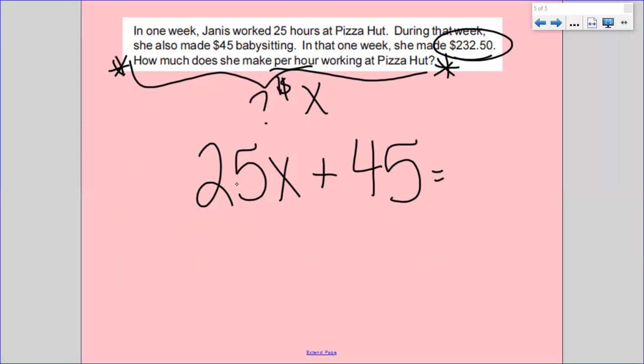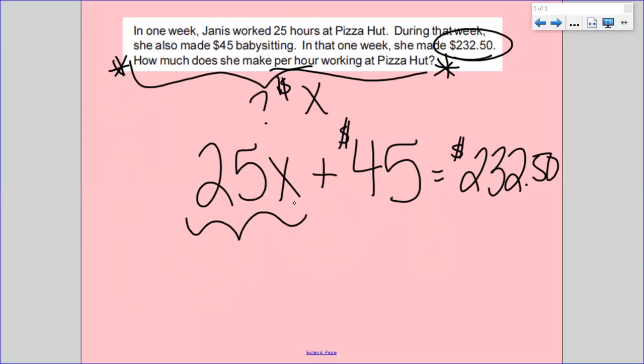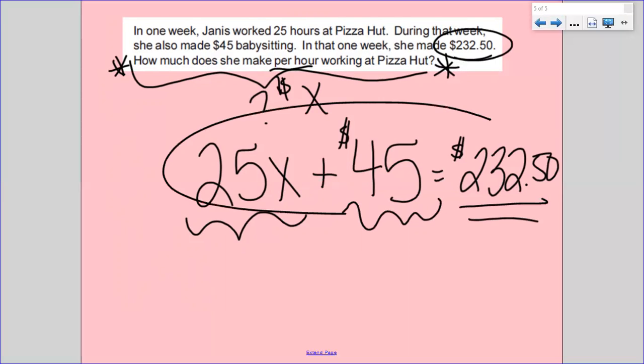So 25x plus $45 should equal altogether $232.50. This will tell you how much total she made at Pizza Hut. This is the babysitting, and this is my total. So that was my final answer.